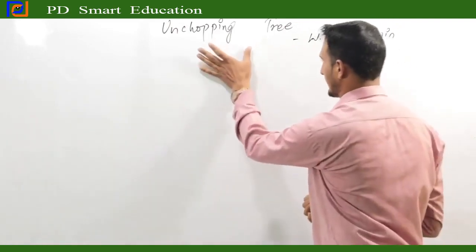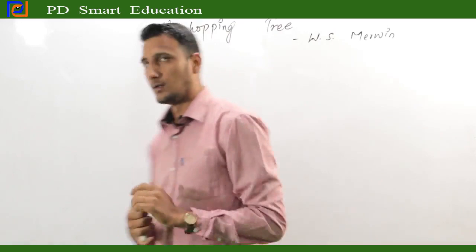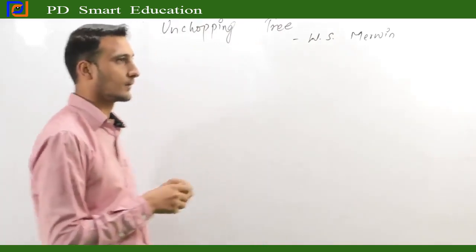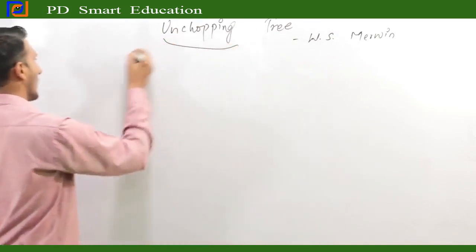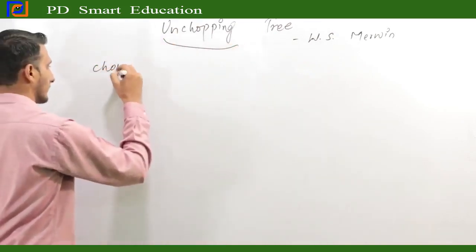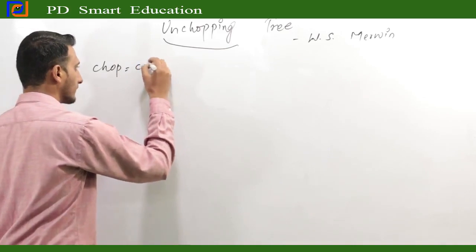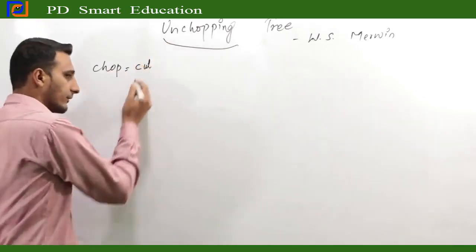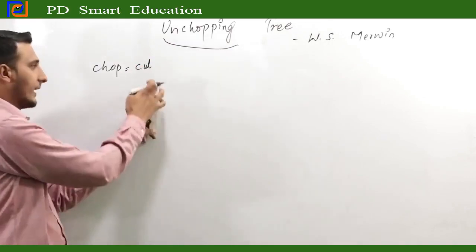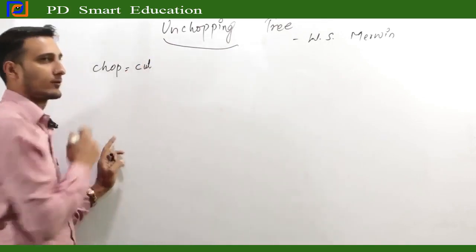Let's go through the title at first. Unchopping a tree. Unchopping means the opposite of chop. Chop means cut. Unchopping means the things that we have cut down should be restored into the earlier situation.